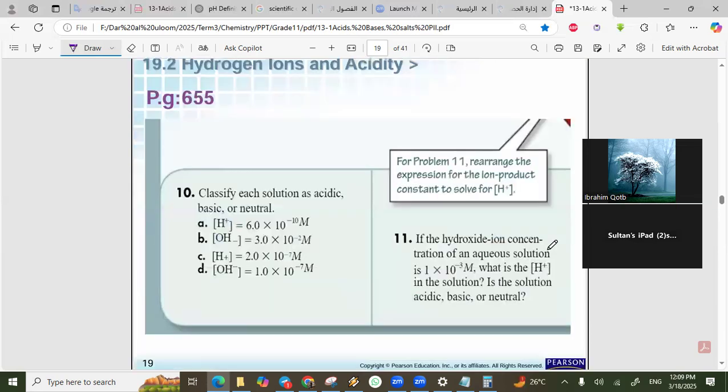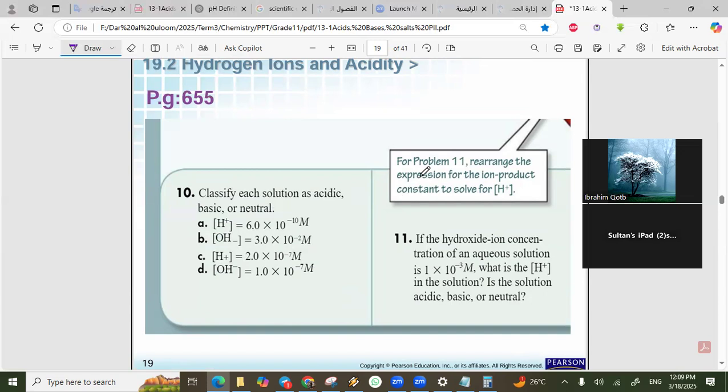We can apply this: classify each solution as acidic, basic, or neutral. Here we can see 10 negative 10.